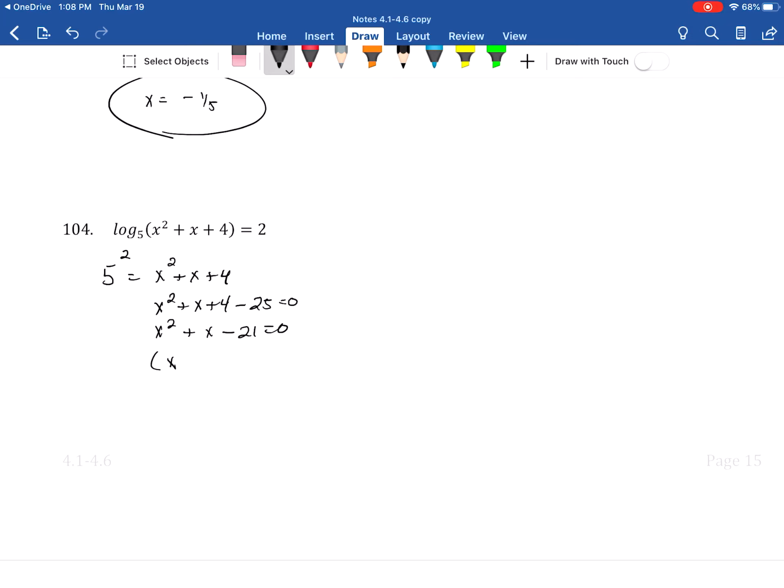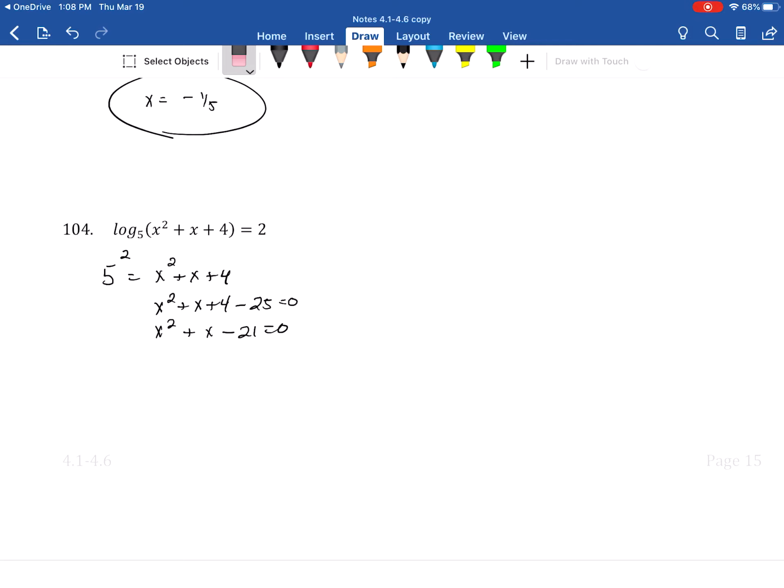Coming into a snag here. If it does not factor, you are going to need to use a different method. The other option we have available to us is the quadratic formula. So we're going to have to solve this using the quadratic formula. Darn, I was hoping this would factor.